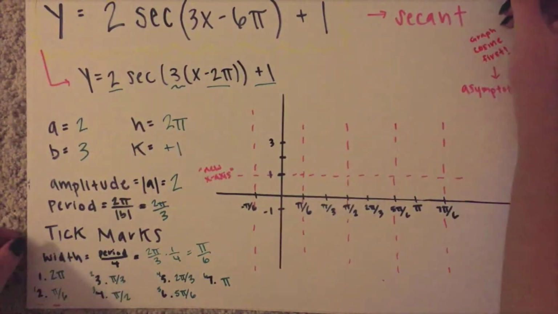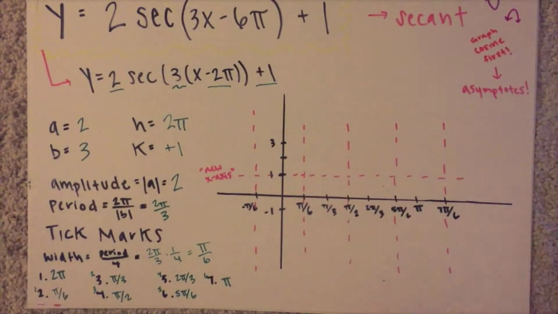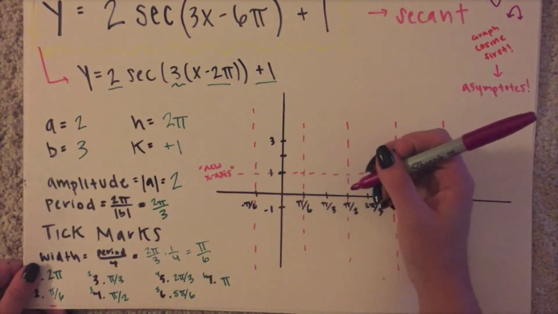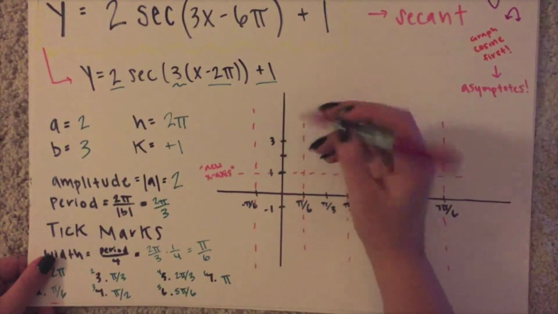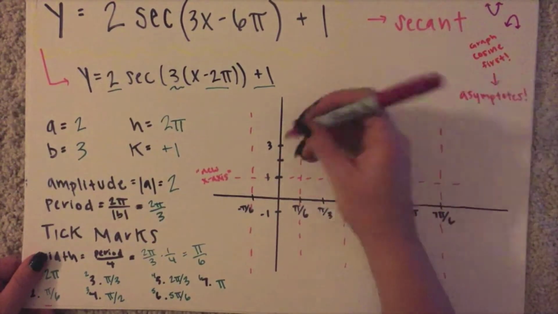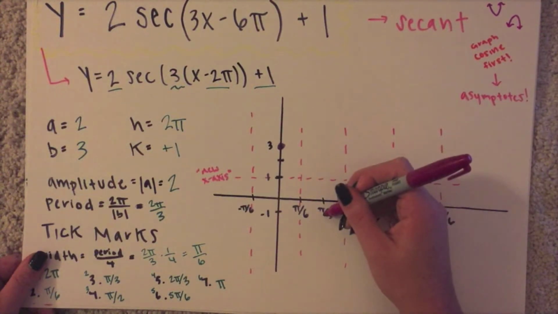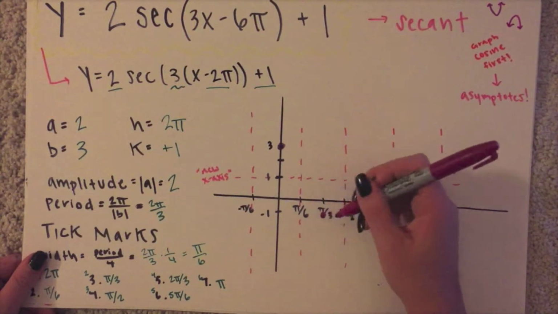And now secant graphs look like quadratics in the case that they are parabolas facing up or down. So at the minimum and maximum of your cosine graph, you are going to be drawing parabolas, and I'm going to show you what I'm saying here. That's the top of your cosine graph, and then you go through the x-axis, and then you hit the bottom.